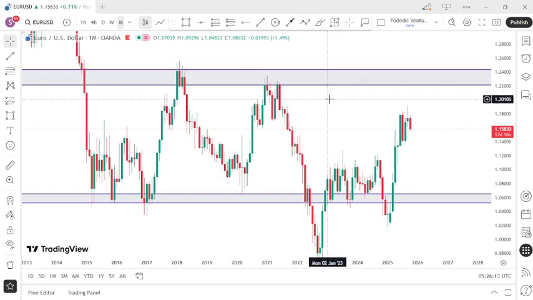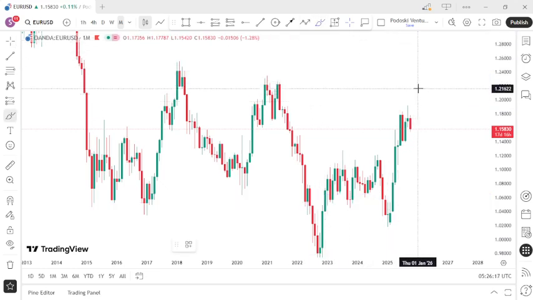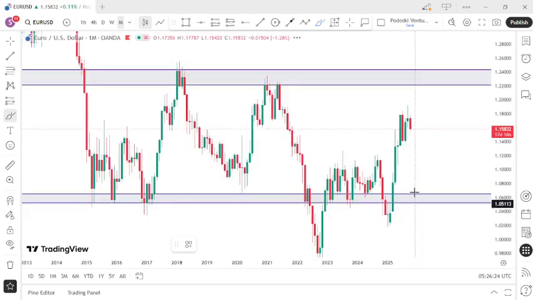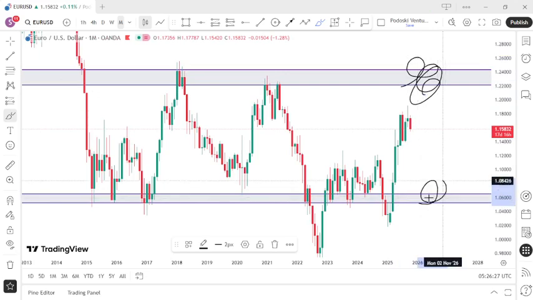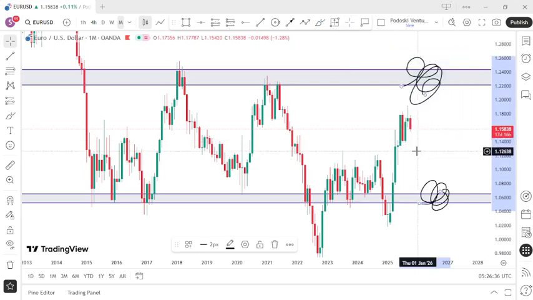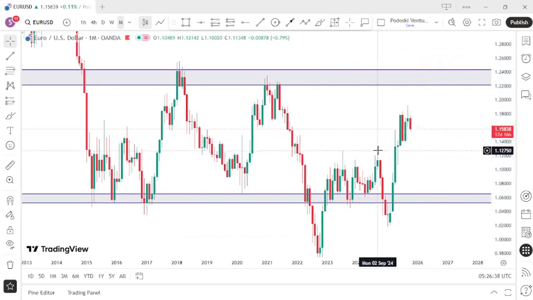On Euro USD, I'm starting from the monthly time frame as usual. I have my monthly upper zone here and my monthly lower zone here.